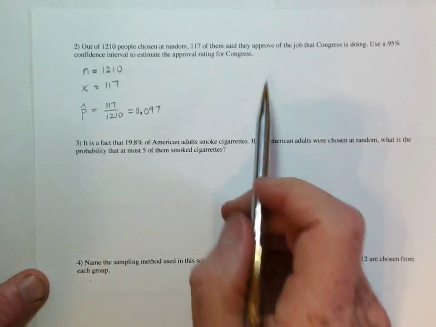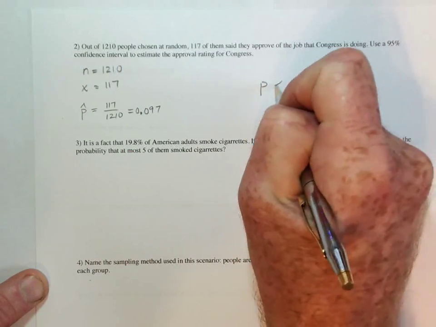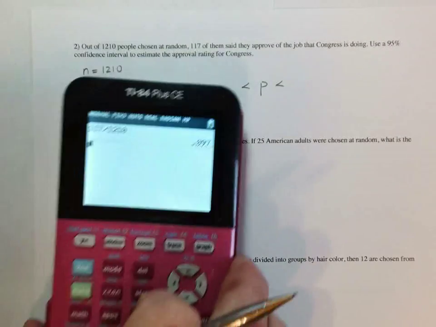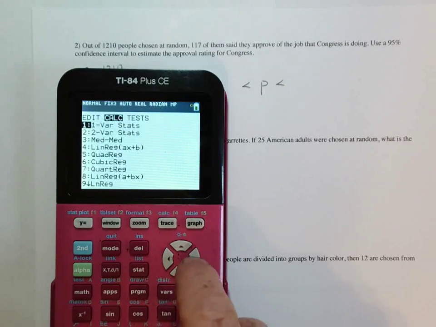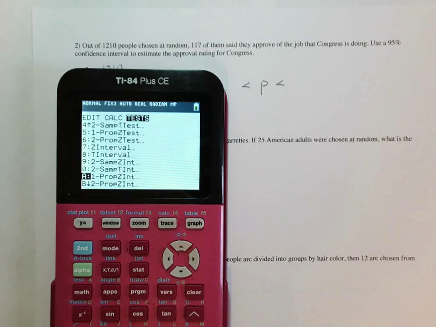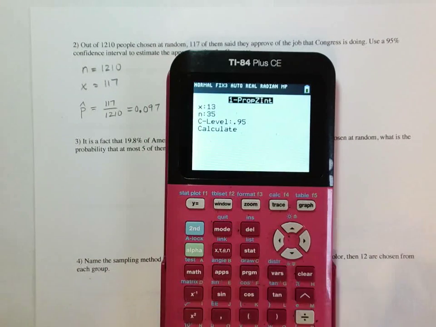And then make a confidence interval. So the confidence interval means that the true proportion is between what and what. So you could use stat, move over to test, move down to intervals, and look for the one proportion z interval. Then you just need to tell it how many successes, 117, out of how many people total, 1210.